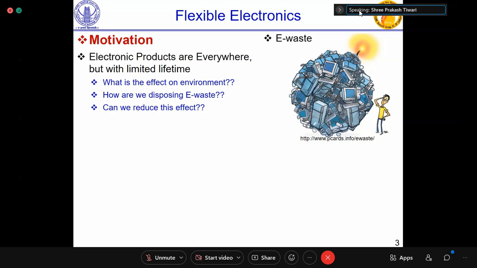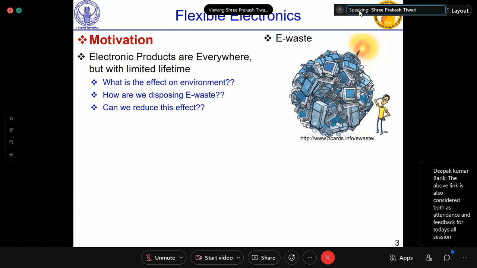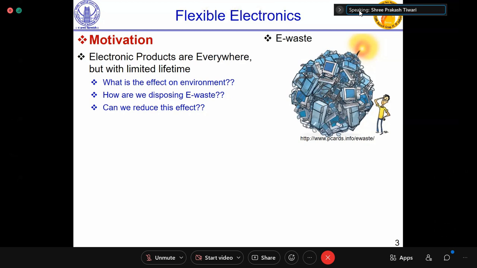And TVs, every Thanksgiving, they try to change the TV, and that goes to the big dustbins near them. Some people take those TVs, but in many cases that again goes as electronic waste. Those electronic wastes are collected, they go to some place and they try to recycle it.